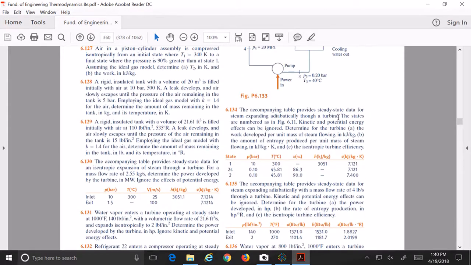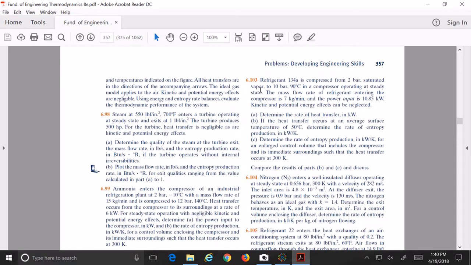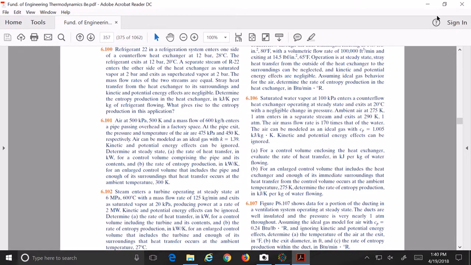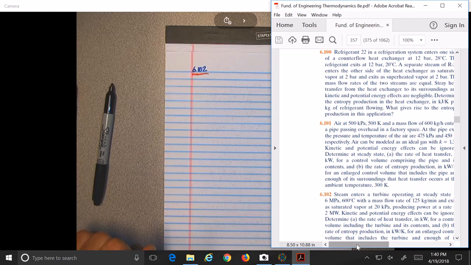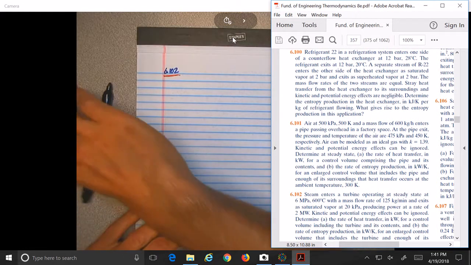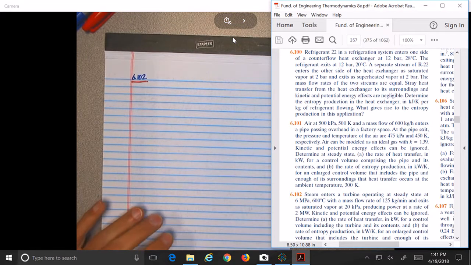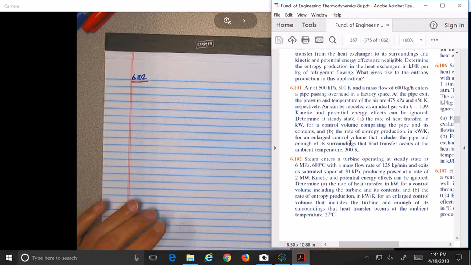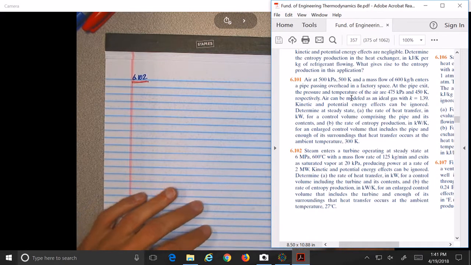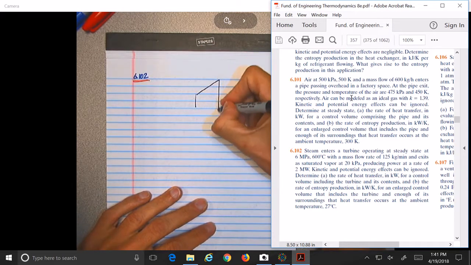All right, so let's see. Okay, this is the part that I always spend most of the time on, reading the problem. So steam enters a turbine. So I will do the sketch over here. This is the symbol of a turbine.